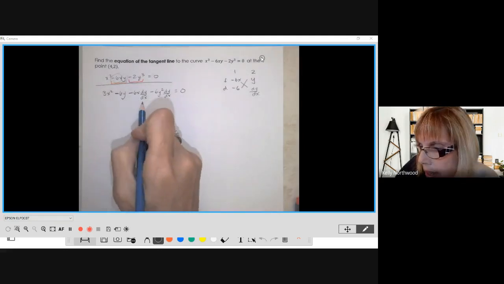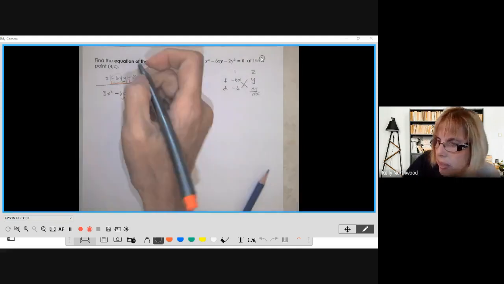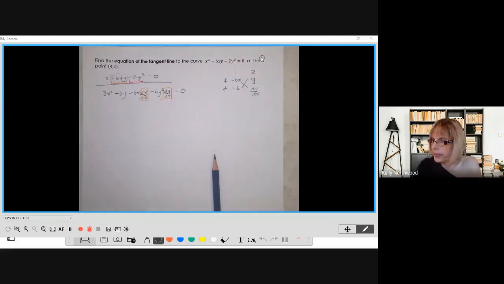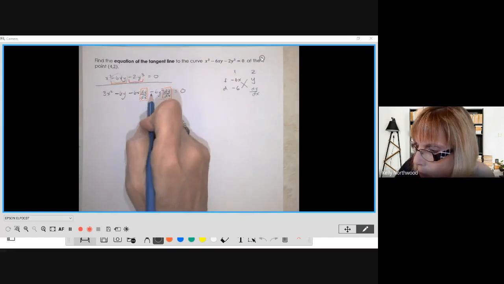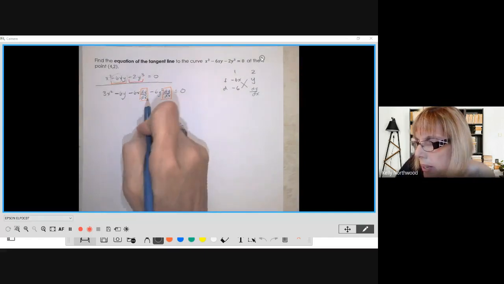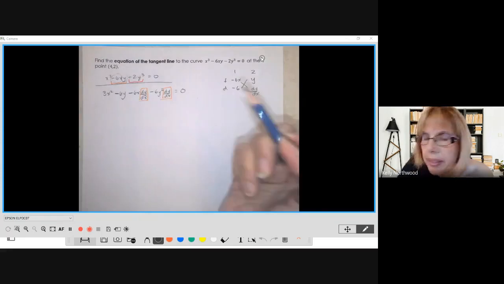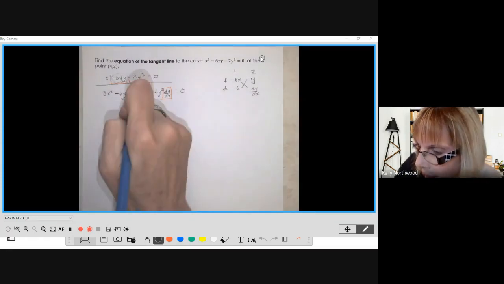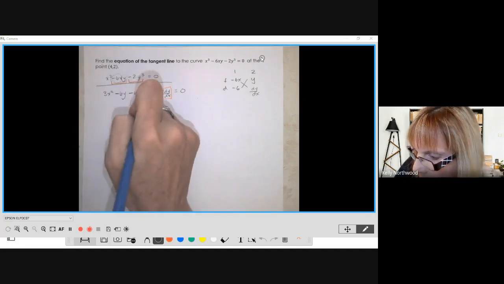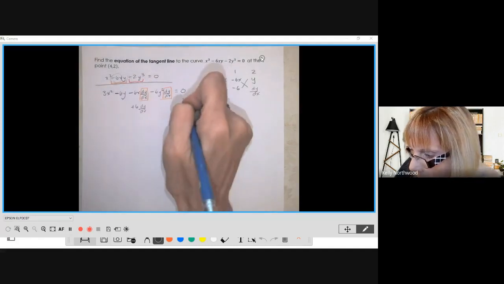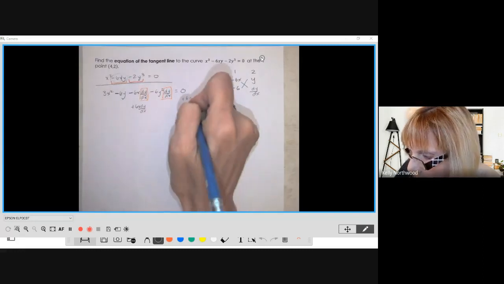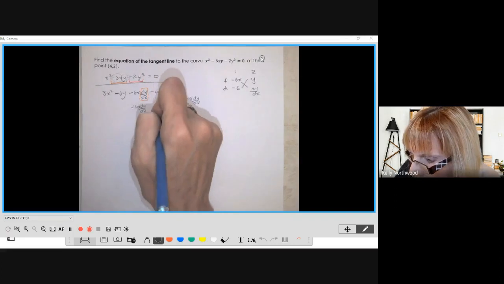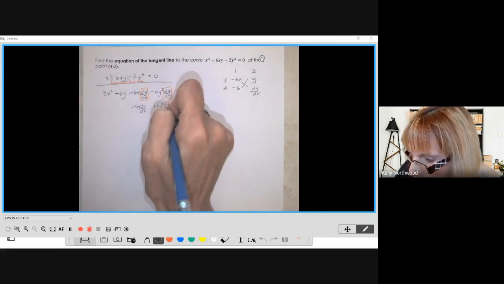And I'm noticing that the terms that are multiplying the dy/dx are both negative. So I think I'm going to add them to the right side rather than leave them on the left side. That's probably what I'd do since they're both negative. So I'm going to add 6x dy/dx to each side. And I'm also going to add 6y squared dy/dx to both sides.